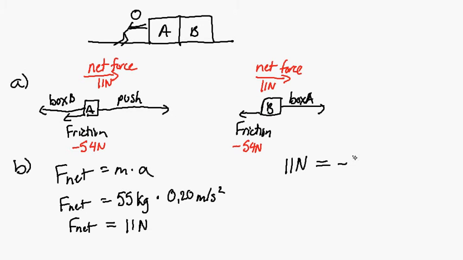In order to solve from there, we're going to have to try to isolate the box A part using algebra, and we can do this by adding 54 newtons to both sides. When we do that, we will end up with 65 newtons equals the box A force.